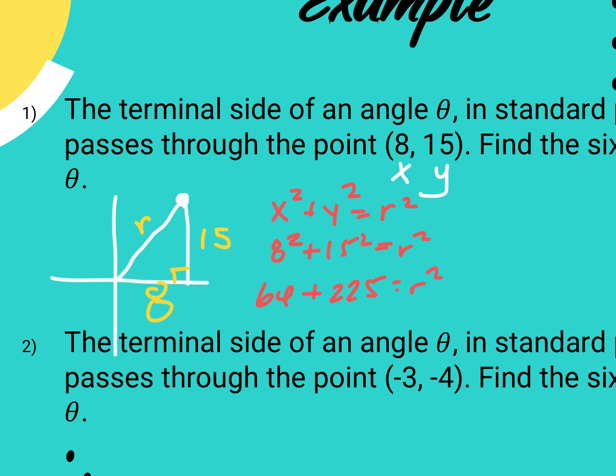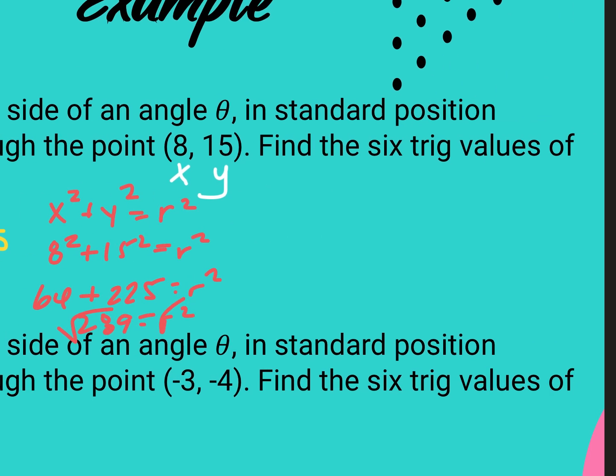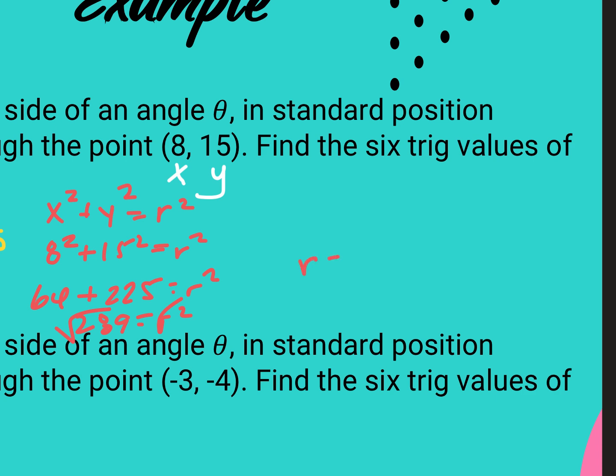What's 64 and 225? 289 equals r squared. How do we get r? Take the square root. So what's your r value? 17. R equals 17. Always what kind of a number? Positive. So I'm going to go ahead and write x equals, what was my x? 8. I have my y equals 15. And then I have my r.